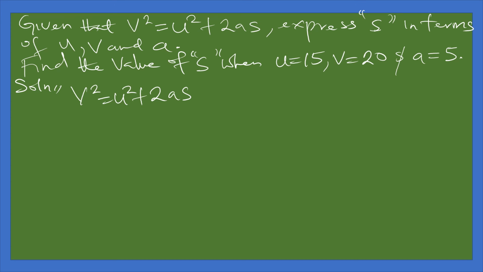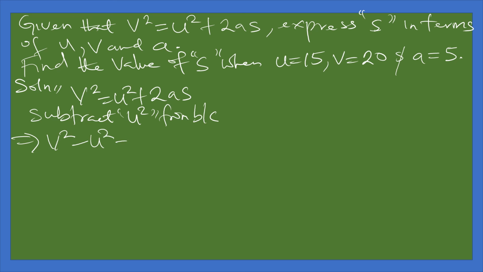We subtract U squared from both sides. So this now gives us V squared minus U squared equal to U squared minus U squared plus 2AS. These two will go. We now have V squared minus U squared is equal to 2AS.